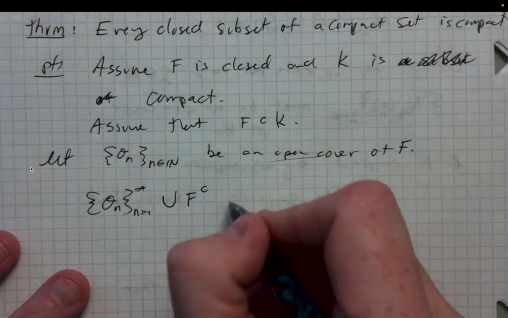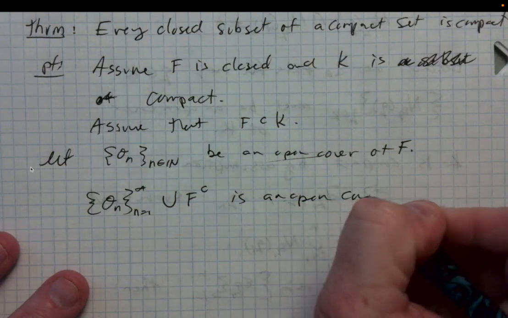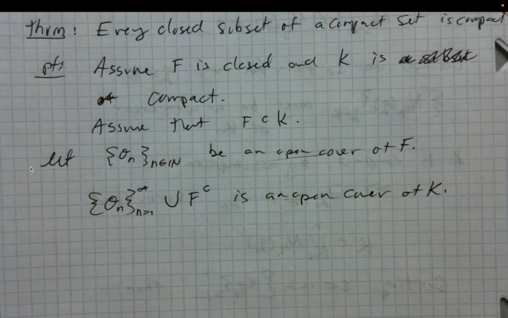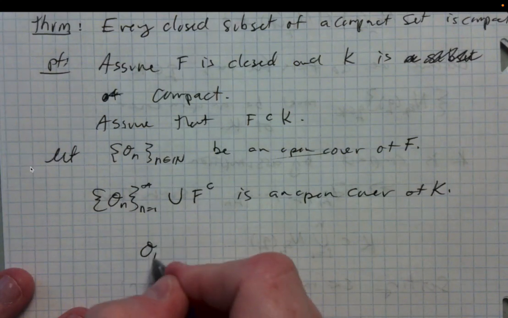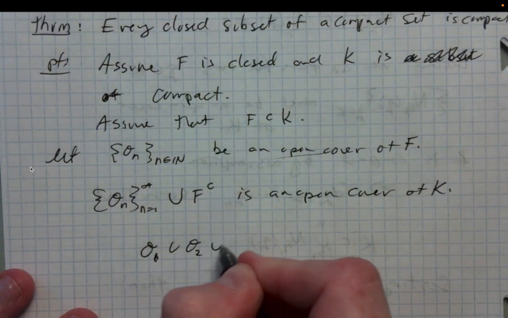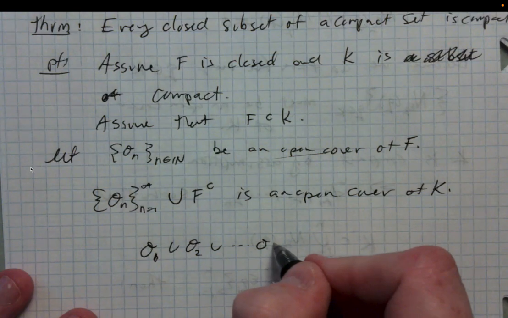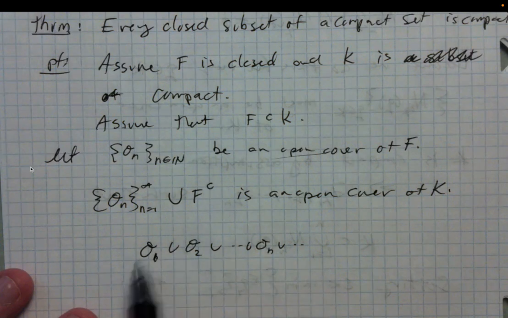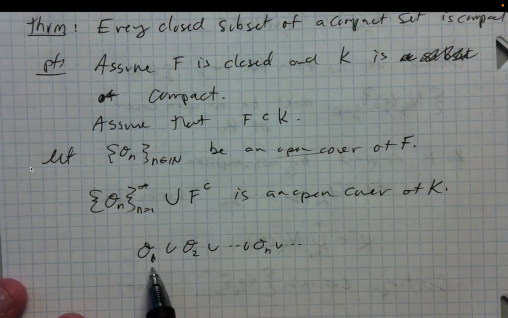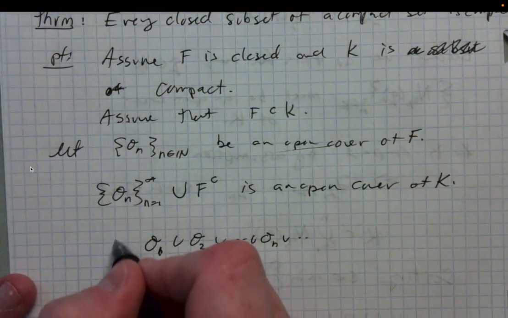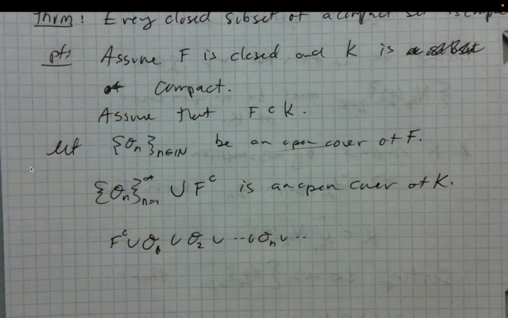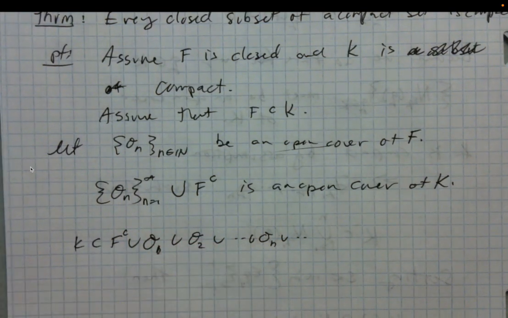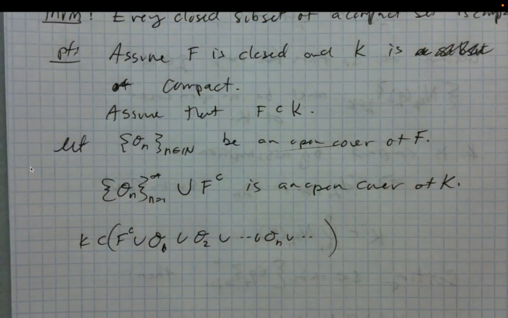This is an open cover of all of K. Just to make this clear, O sub 1 or O sub 2 or ... or O sub n or ... is an open cover of F. There's a lot of stuff in K that's not covered by this potentially. So all I've got to do is also throw F complement on. So K is definitely in this union.